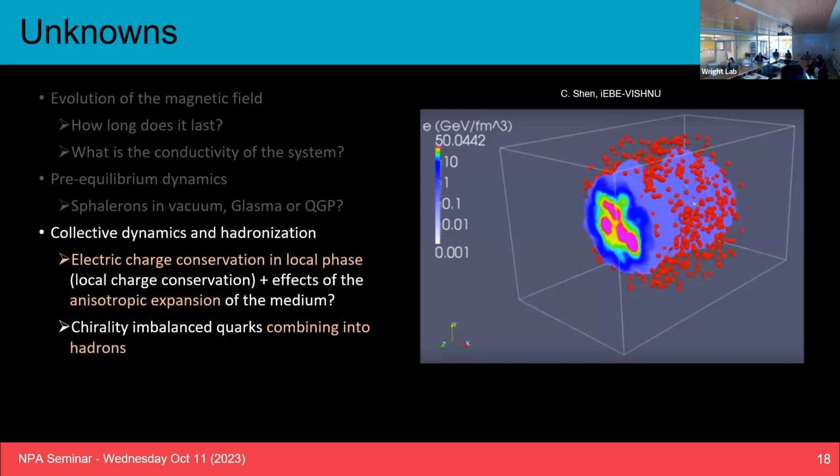The main background, which I will come back to, is the electric charge conservation in the local phase space, coupled to the anisotropic expansion. We never had a Monte Carlo model which simulates this from first principles; we have some phenomenology models. Also, the hadronization is not super well understood in heavy ion collisions. Here we have chirality: you can imagine quarks with different chirality formed at the beginning, but how they really combine to hadrons is unclear.